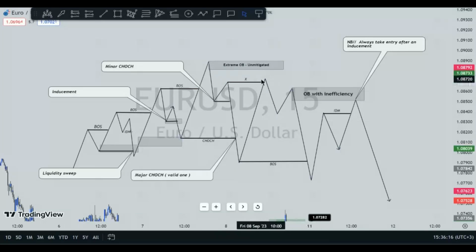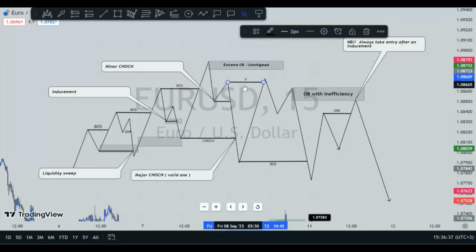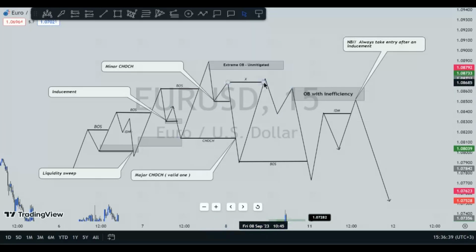So after this sweep, you might enter a short position, but the first candlestick should just wick above this previous high to confirm the sweep, but not the body closing above it.